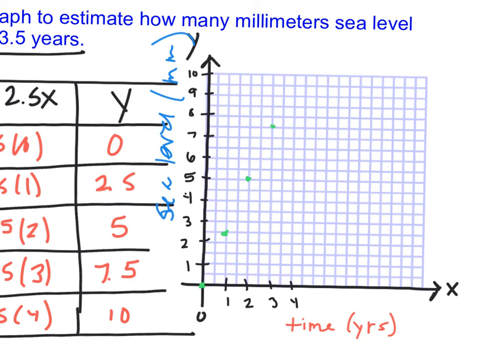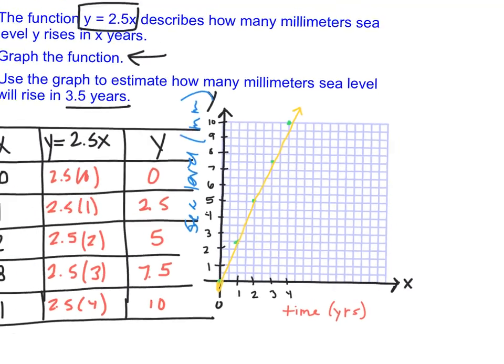And then when x was 4, y was 10, up here. Okay, so we are going to go ahead and draw in our line. Maybe I'll use yellow. We can tell everything is forming a pattern based off of the domain that we put in. We got that line right there. So that's the first thing they wanted us to do, was to graph the function.